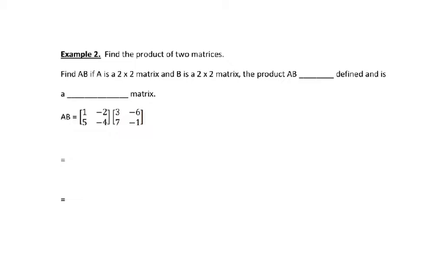Part 1. It says, find AB if A is a 2 by 2 and B is also a 2 by 2. So we're multiplying a 2 by 2 times a 2 by 2.